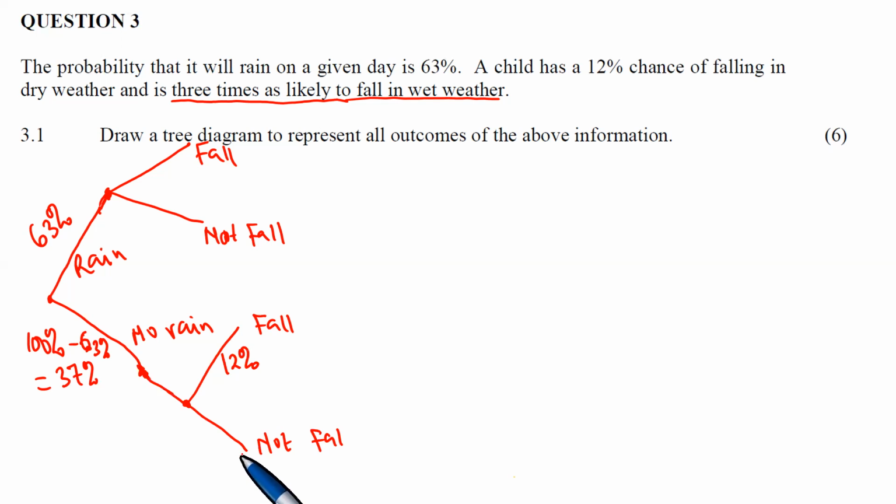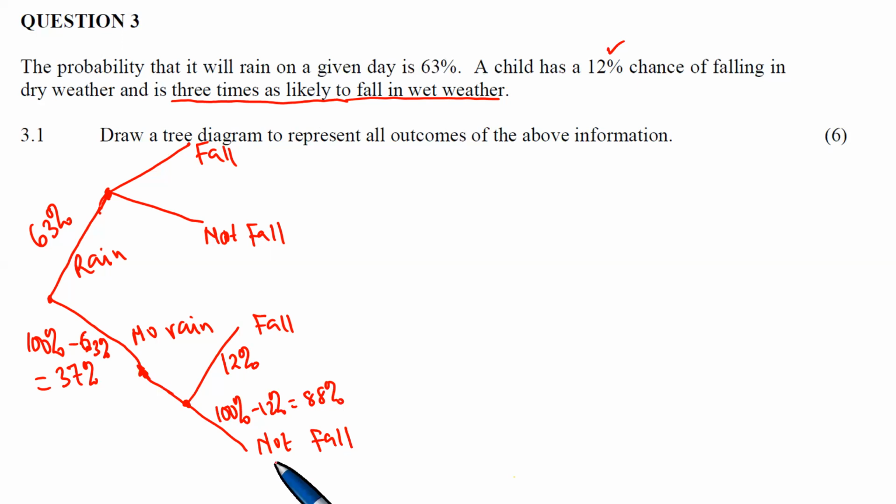And the chance of the child not falling, if 12% is the chance of falling, is going to be 100% minus 12%, and this is exactly 88%. So falling and not falling are complements of each other.